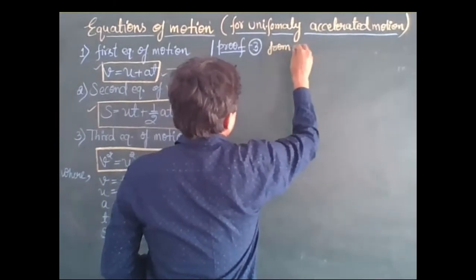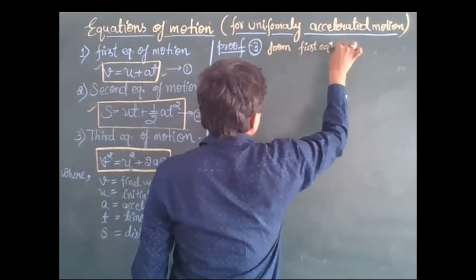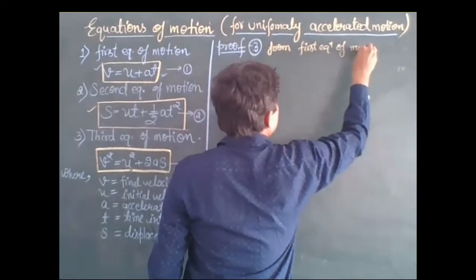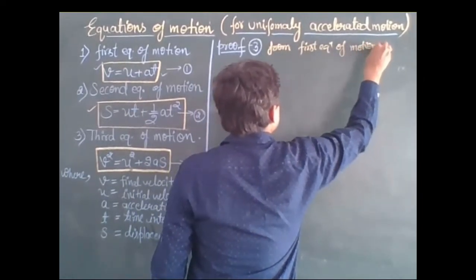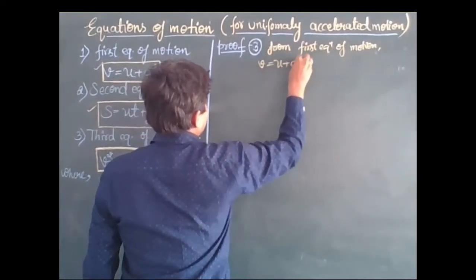From the first equation of motion, v is equal to u plus at.